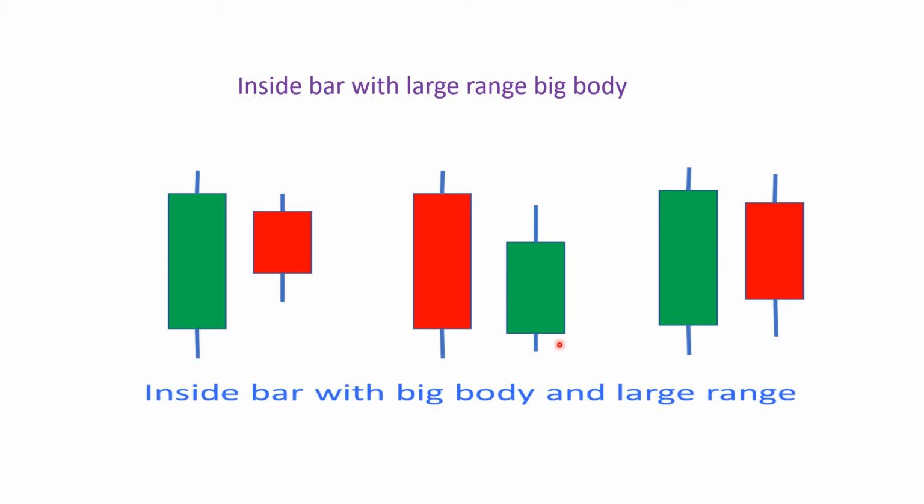If the inside bar closes with bullish, it shows a sign of strength, signifying the bulls are in control of the market. And if the inside bar closes with bearish, like here or like here, it shows a sign of weakness, signifying the bears are in control of the market.